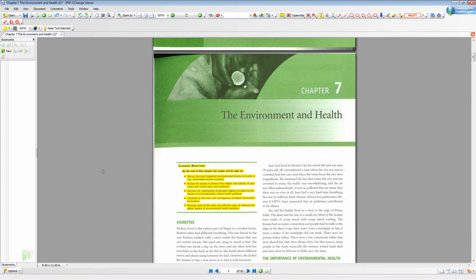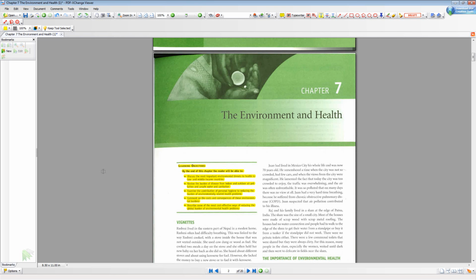When we think about the environment and health, the most vulnerable people, that being the children, the elderly, and the poor, and then those with underlying health conditions, are often at increased risk for health effects when exposed to different environmental concerns.